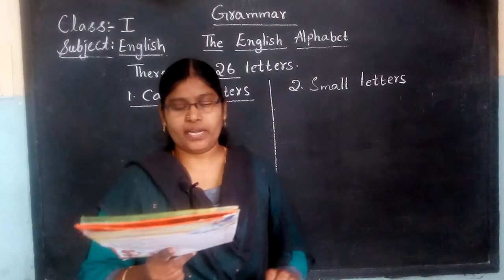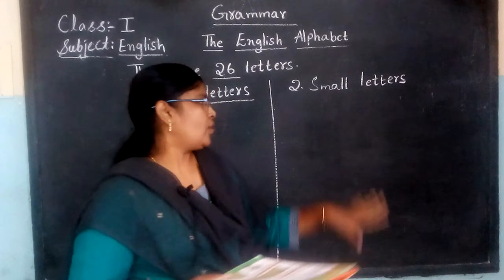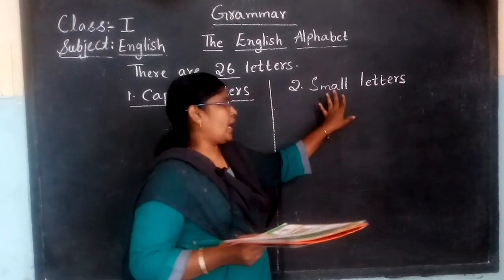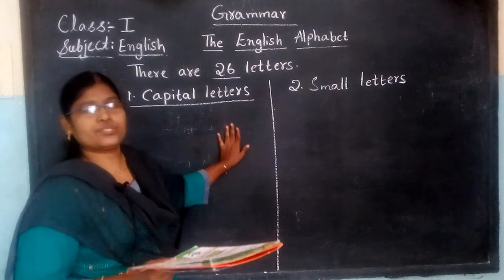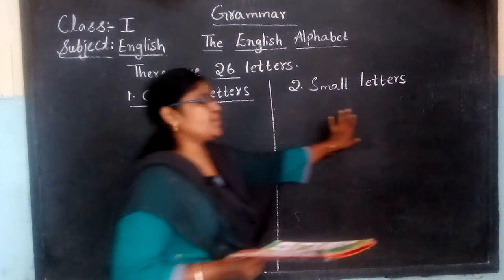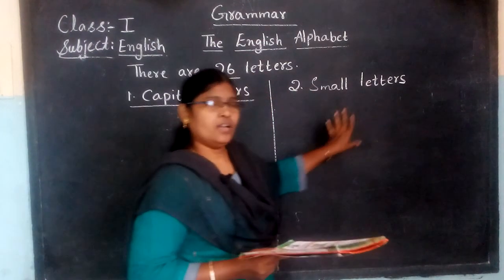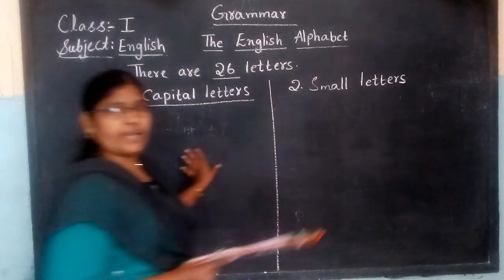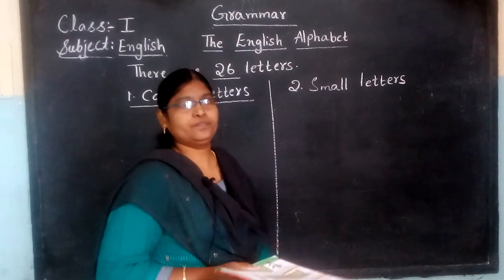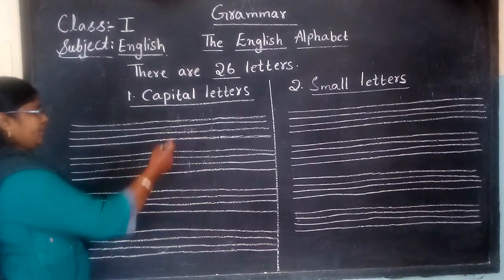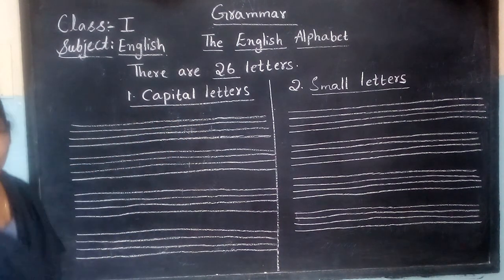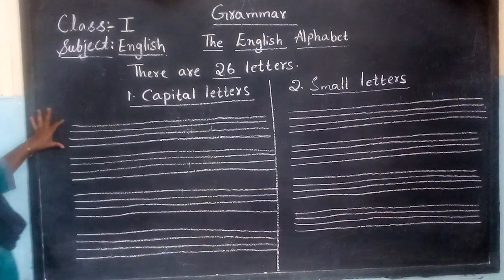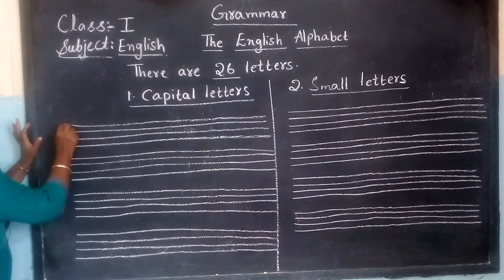We write small letters as follows. So how do we write uppercase and lowercase? Capital letters we write in upper case and small letters we write in lower case. I will write that on the board now. Now we write in the 4 lines.